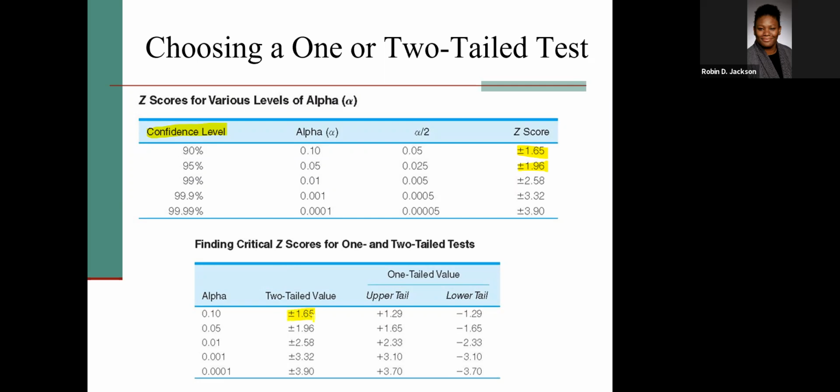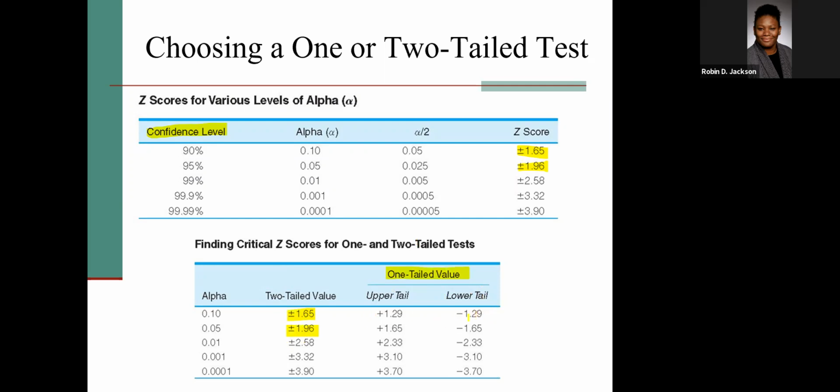So the alpha at the 0.10 level is the same as what we've been using. Same thing with 0.05. Now it's where we get to the one-tailed test. That's when things change.